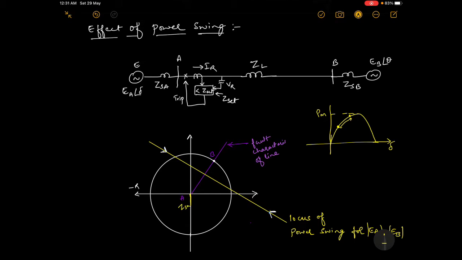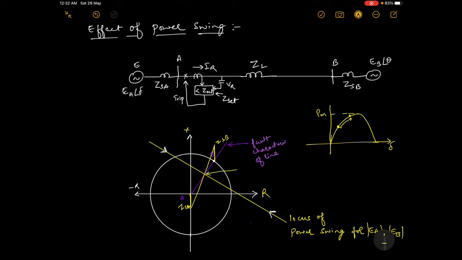So this is ZSA, and you can agree with me that after B there is this ZSB, after the point B, correct? It is above its reach, so I will start from here, and since it is reactance and this is also reactance, I have drawn it along the reactance line. So this is our reactance, this is our R. Now when these two points coincide like this, that is our electrical center.